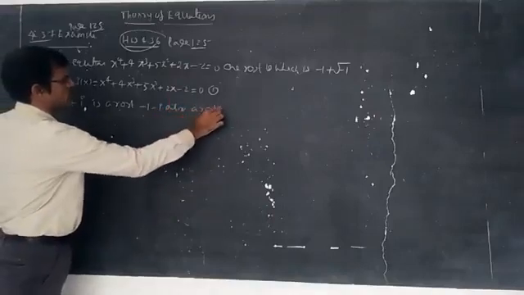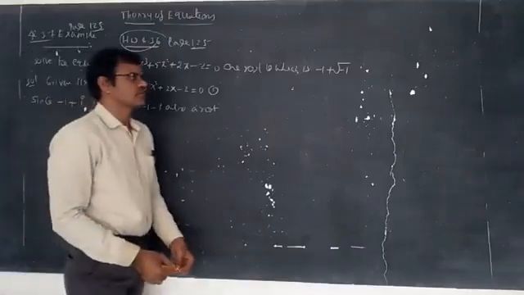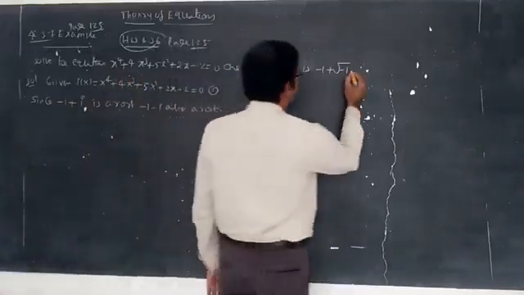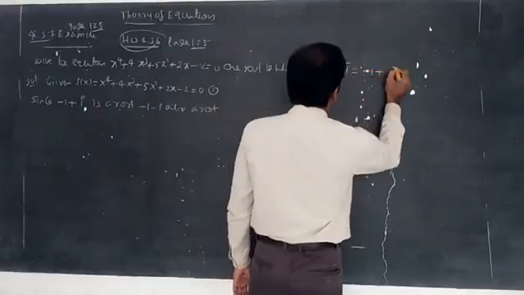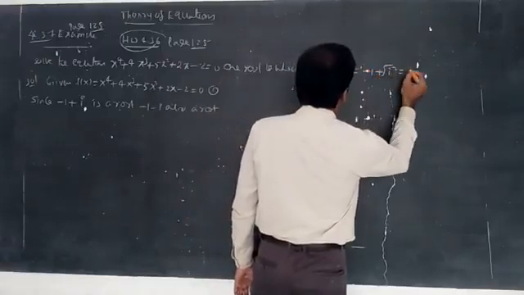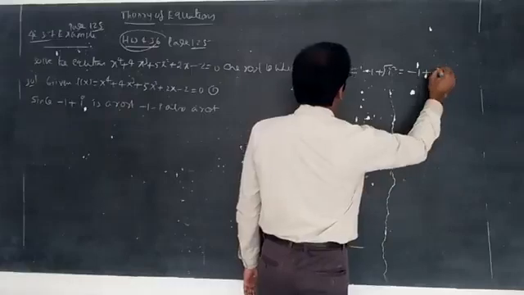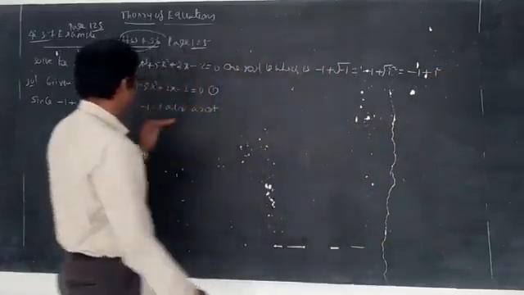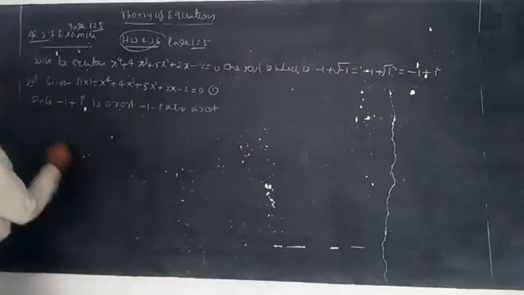This is the rule, because complex roots always occur in conjugate pairs. Here √(-1) is i, so the root is -1 + i; otherwise you can write -1 ± i. So -1 - i is also a root.